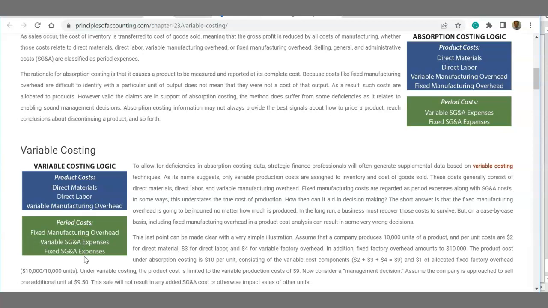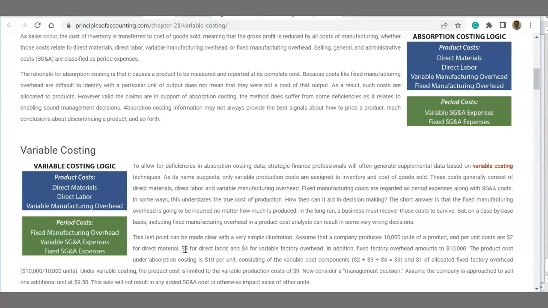Under variable costing, you expense the complete fixed manufacturing overhead in that period cost. It will be expensed immediately, all of it, along with variable selling and administrative expenses and fixed selling and administrative expenses. So under variable costing, you have a contribution margin, which is revenue minus variable cost of production. Okay.